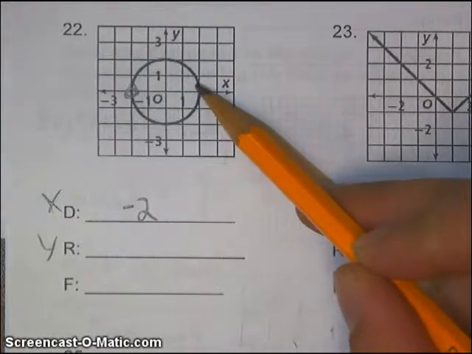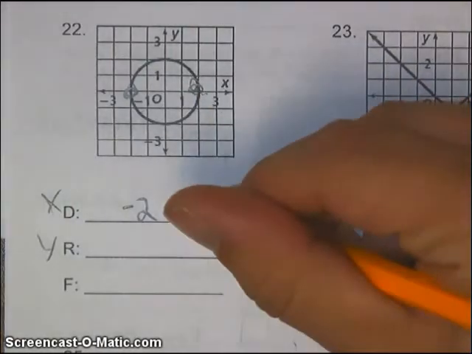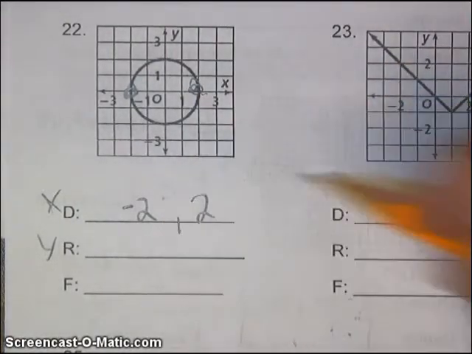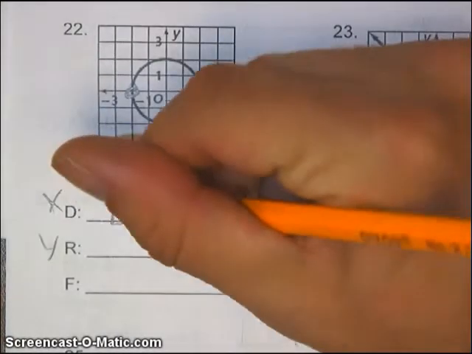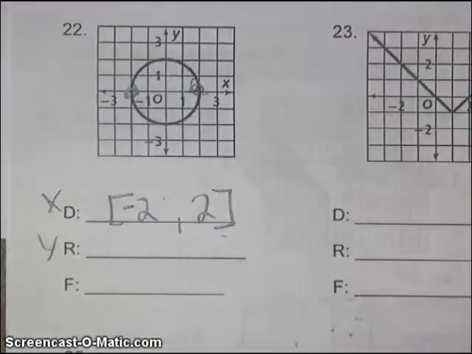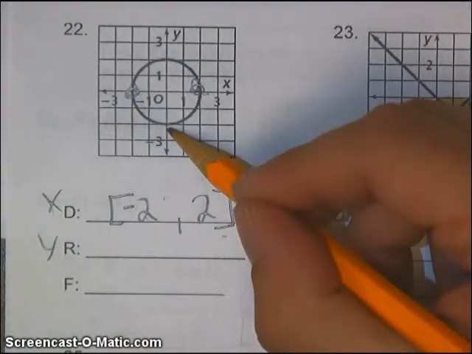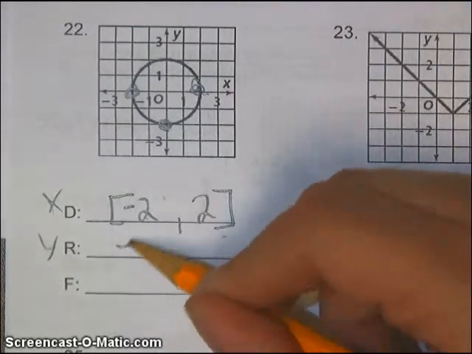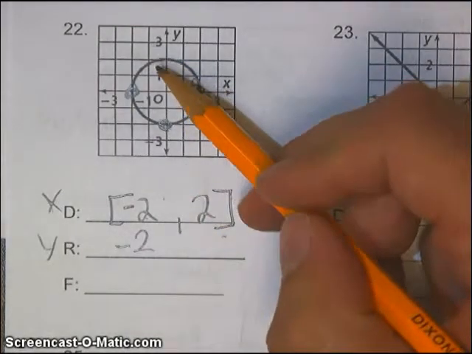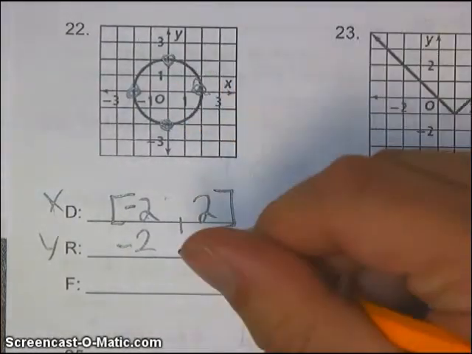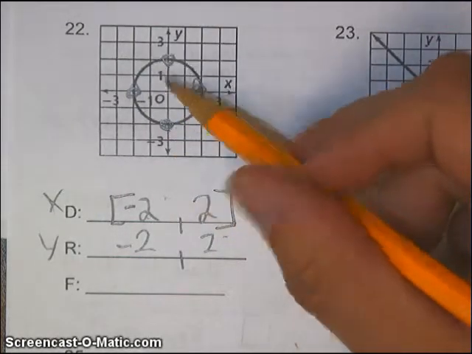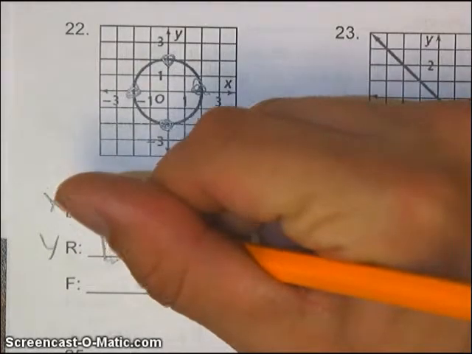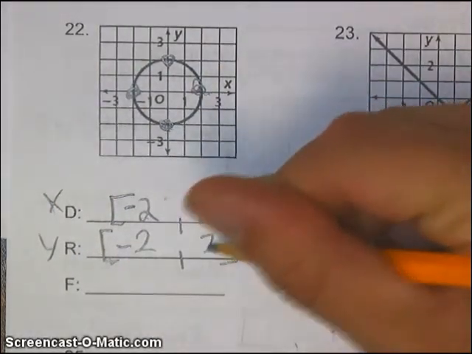The furthest right it goes is right there at +2. -2 to +2, and all the numbers in between. And it actually touches -2 and +2, so those are inclusive. What about the range? How low? Well, that's -2 again. How high? That's +2 again. -2 to +2 and everything in between. So that's inclusive. It touches -2, it touches +2.